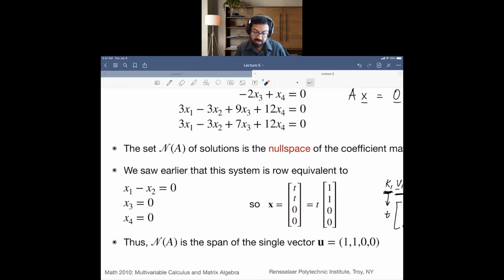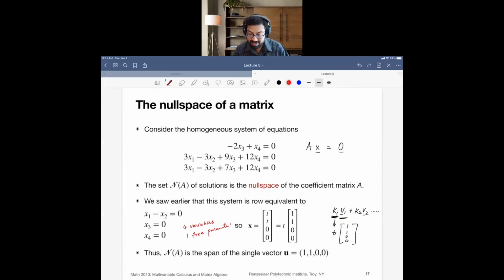So we had 4 variables there. And how many free parameters did we have? Only one free parameter, right? In t. So my solution was in 4 dimensions, R to the 4.